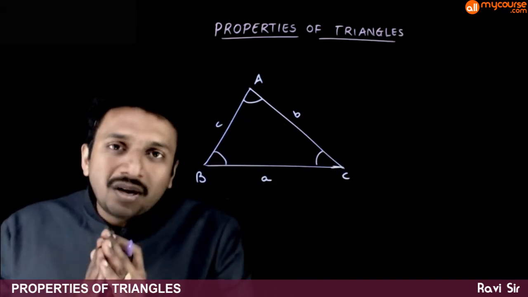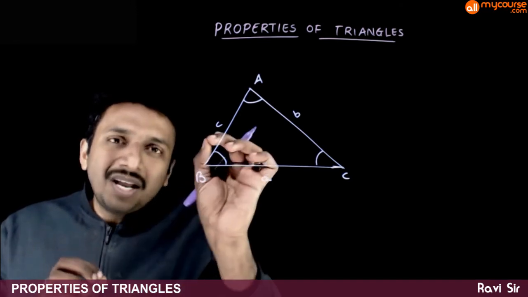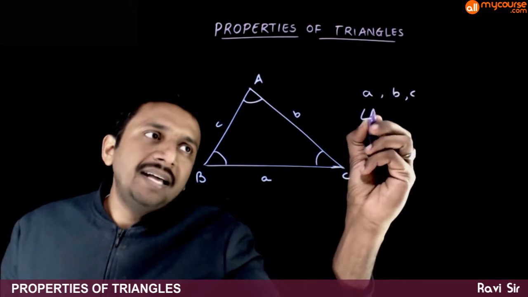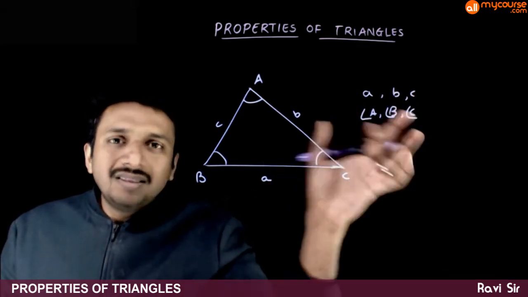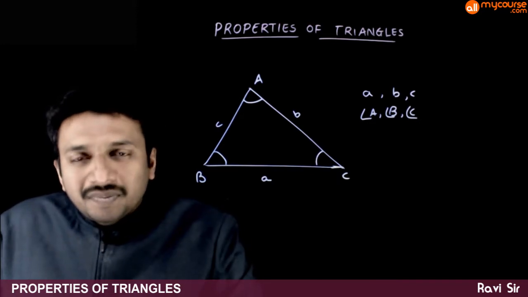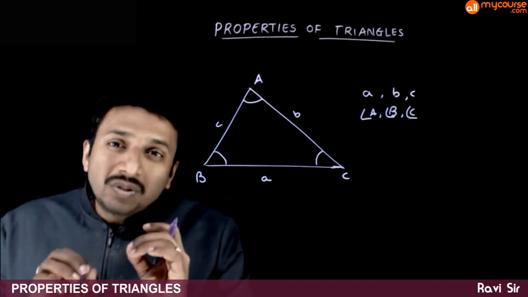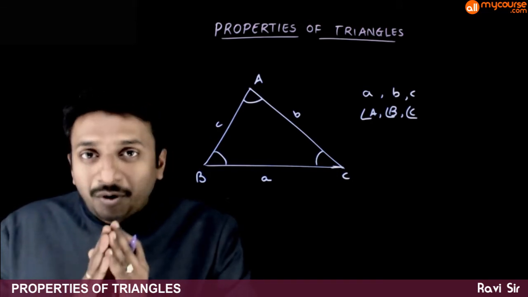In this topic, what we are going to see is some relations between the sides a, b, c and angles A, B, C. So how will these be related to one another, in different ways? To understand that, we use some notations in this chapter. These are standard notations which you need to remember.